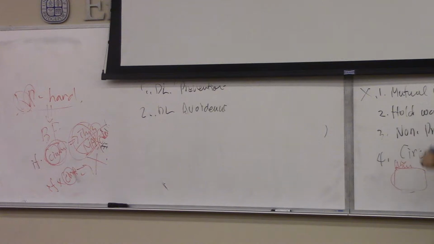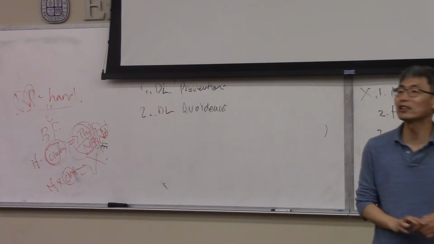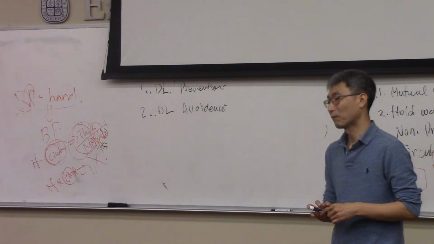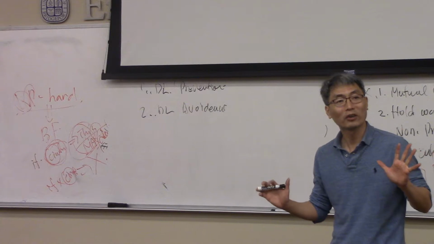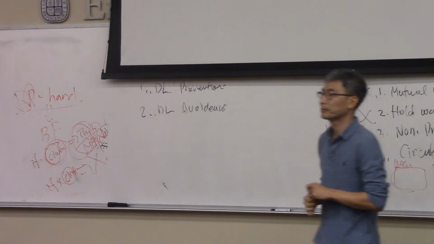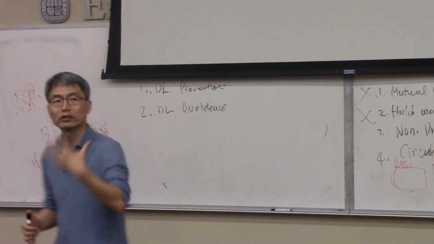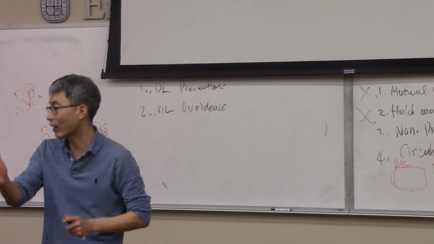For example, the first one, no mutual exclusion, means you can share the resource anytime. Is there any deadlock? If you allow only shareable resources, no deadlock. Okay? Or hold and wait. You do not allow hold and wait in your operating system, which means you need to serialize.